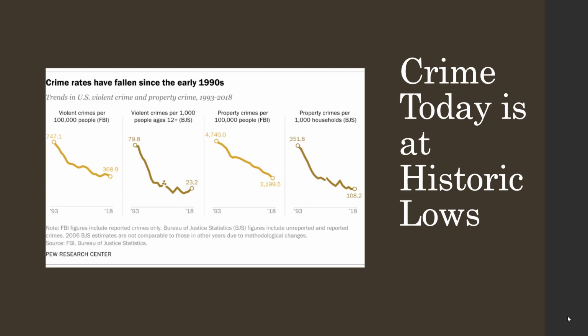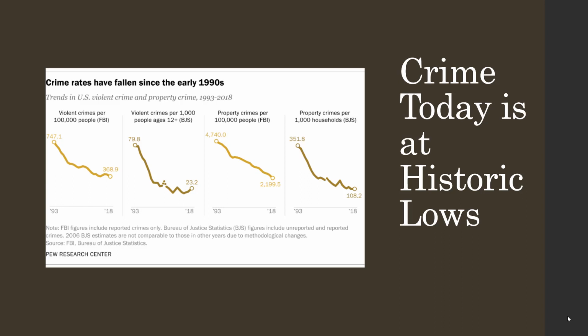So let's look at the last almost 30 years, and you'll notice that in 1993, if we look at violent crime, and the number here is being generated as per 100,000, there were 747.1 violent crimes for every 100,000 people in the United States.